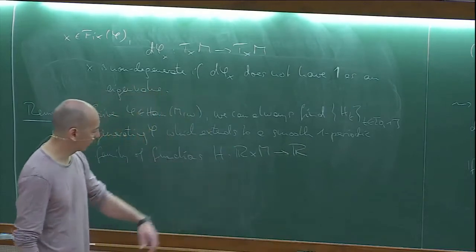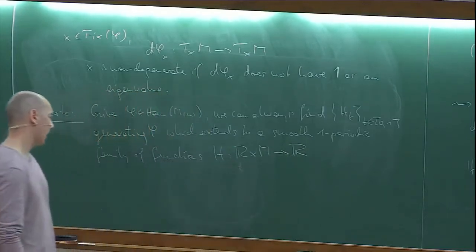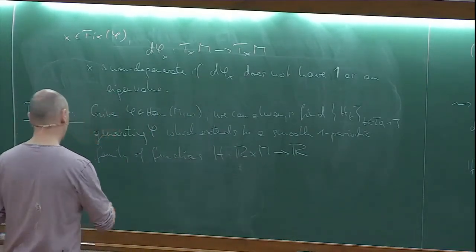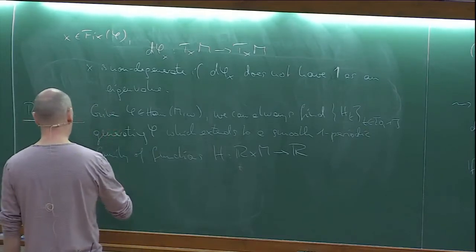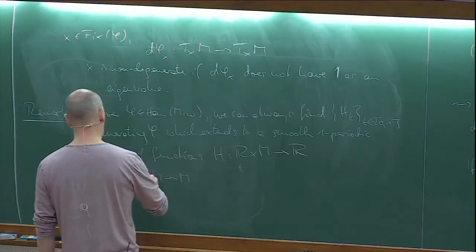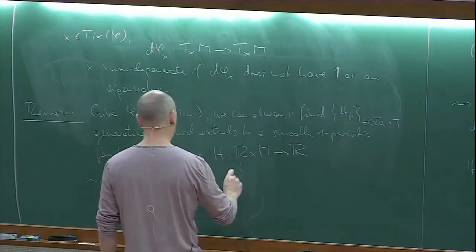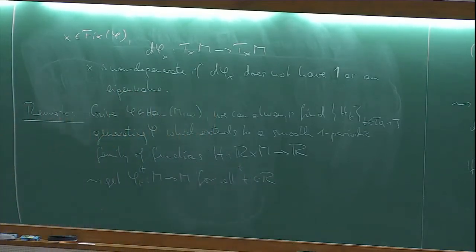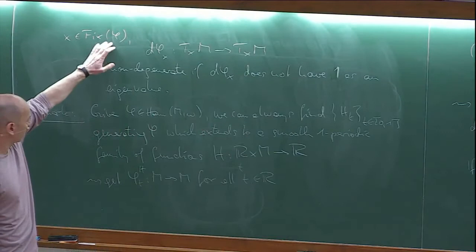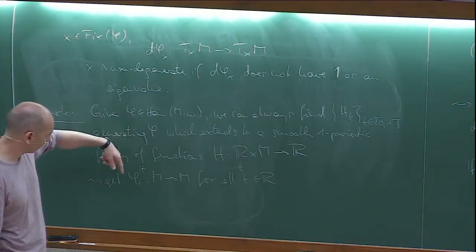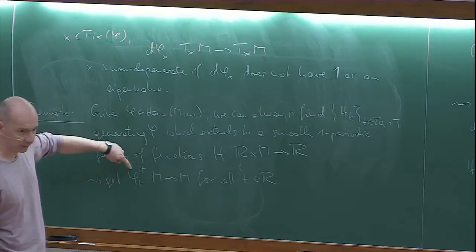Right, so they're one periodic in this T variable here. And then we can talk of the Hamiltonian flow now for all time T. And fixed points of my original Hamiltonian diffeomorphism that I was interested in correspond to time one periodic orbits of this thing, right?